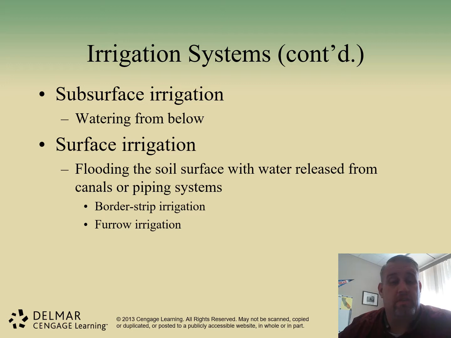Contrary to that is surface irrigation, and this is basically anything else that's not subsurface. The original surface irrigation was the flooding of farmland or other areas.